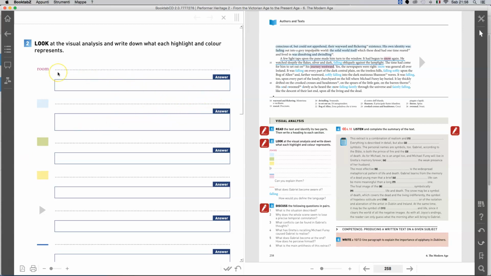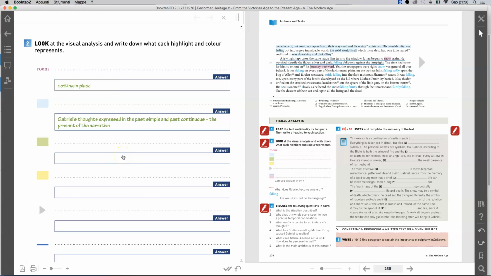For example, the words in pink represent the setting in place. The words highlighted in light blue represent Gabriel's thoughts expressed in the past simple and past continuous, and instead the narration is told in the present.